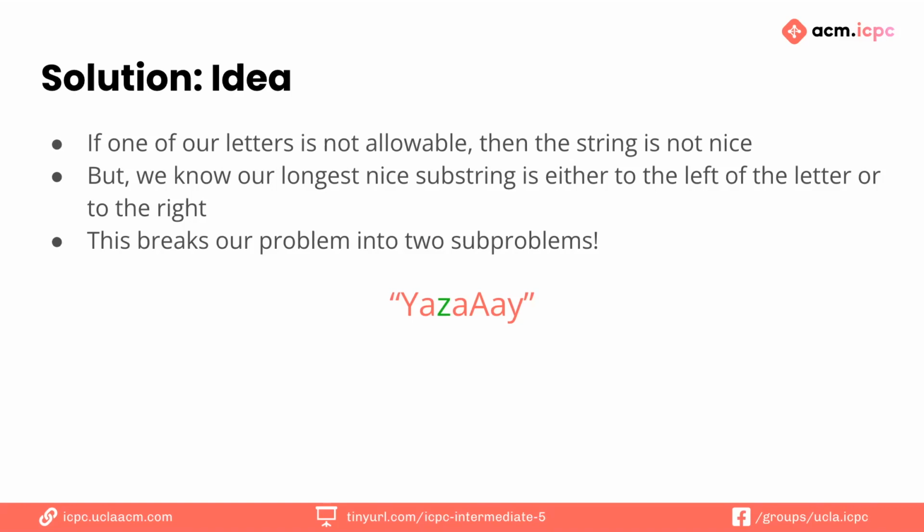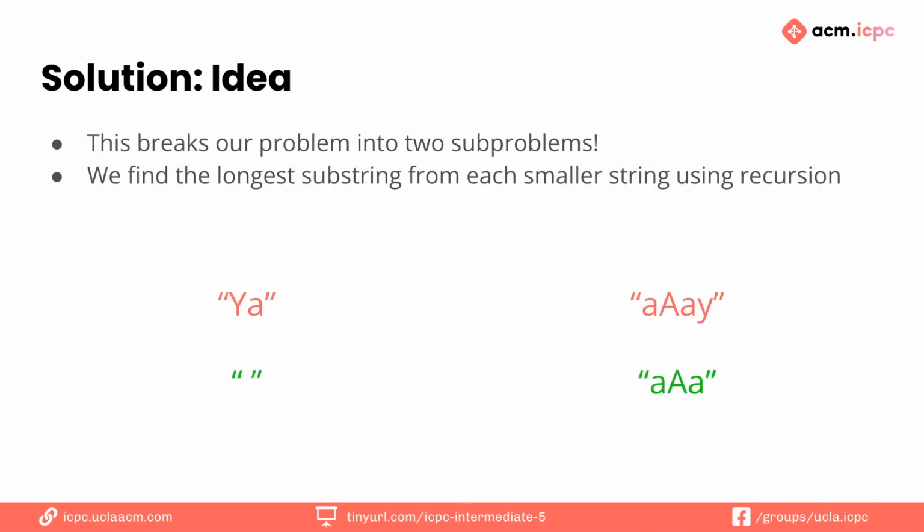And for divide and conquer, this helps us because it splits our problem into 2 subproblems. In this case, we have this left substring, YA, and we have the right substring, A, big A, and Y. And we know our longest nice substring has to be somewhere here. So this is 2 subproblems. We can solve these.